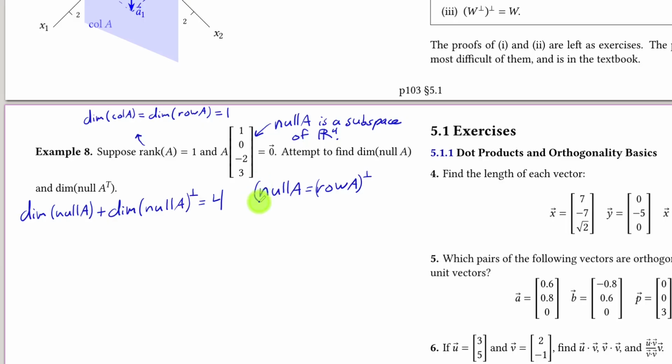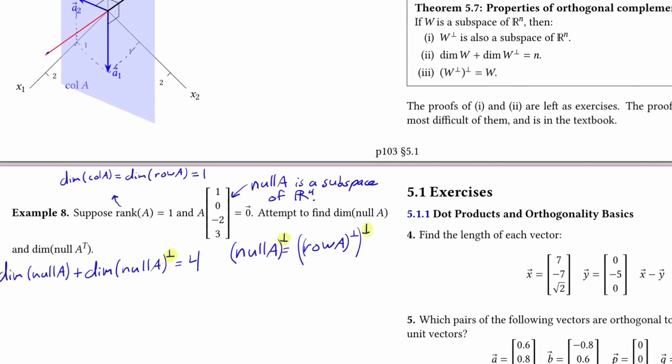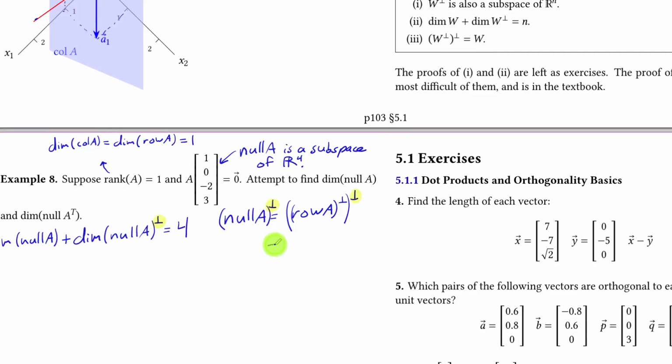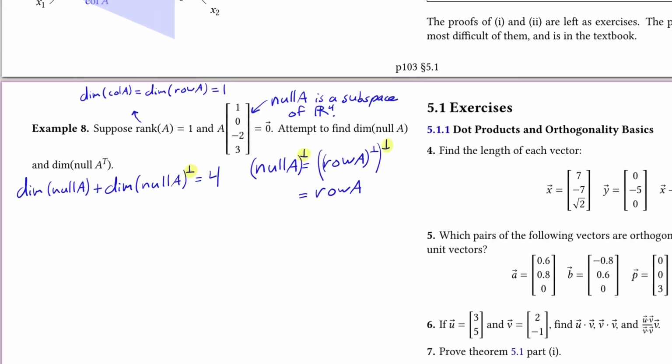Well, what if I just take the orthogonal complement of that by theorem 5.7 part 3 here? Those orthogonals are just going to cancel out. The orthogonal complement of the orthogonal complement of the row space is just equal to the row space of A. So yeah, we can substitute this with the row space of A.